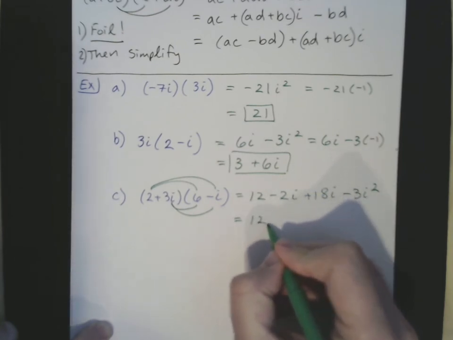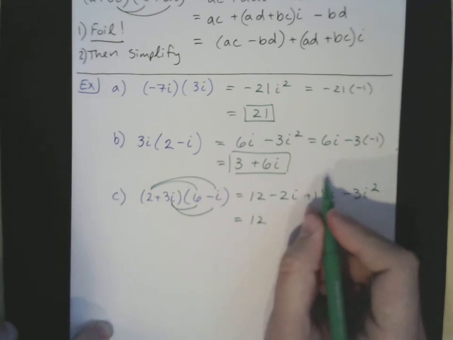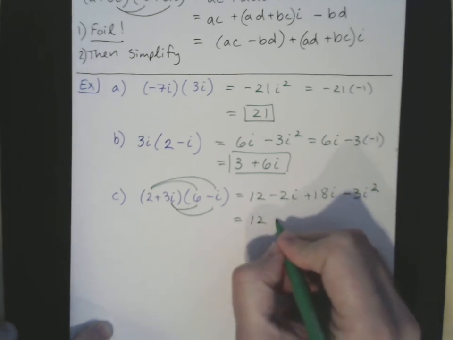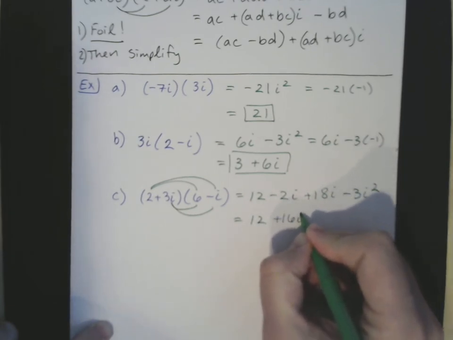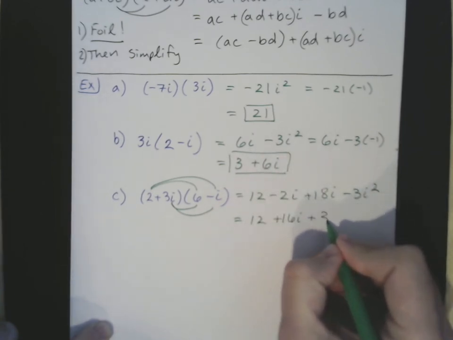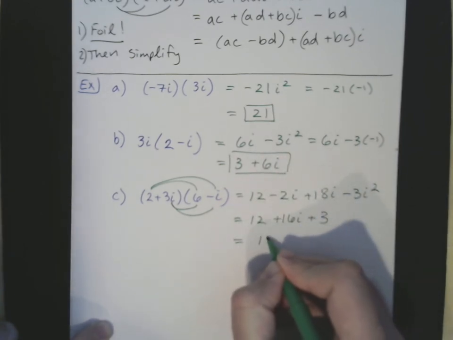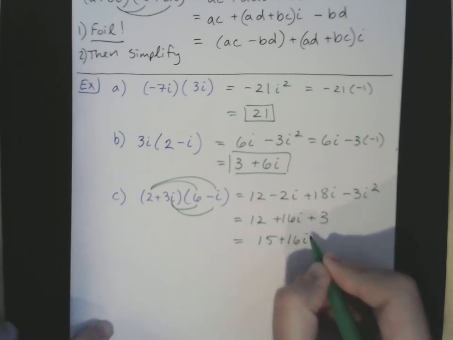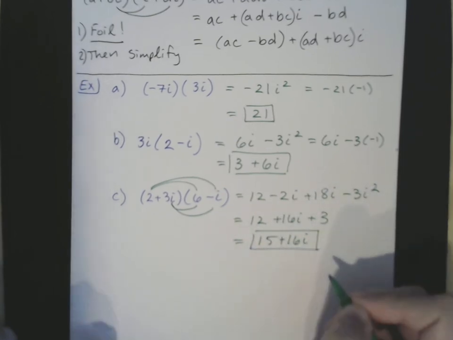So we have 12 minus 2i and plus 18i, because we're still treating i like a variable, is plus 16i, and then minus 3i squared, just like it was here, would be plus 3. And so we have 15 plus 16i is our final answer.